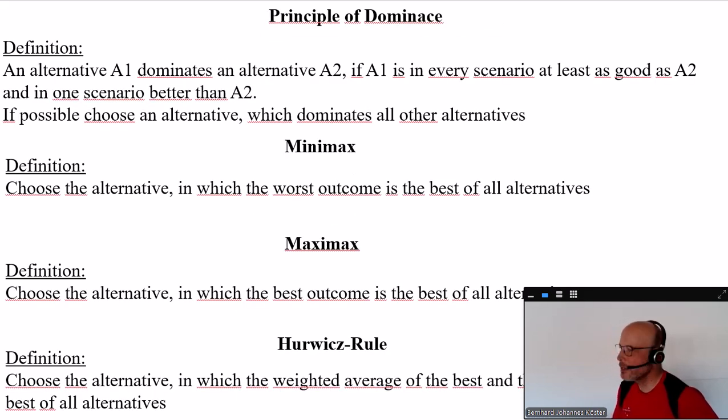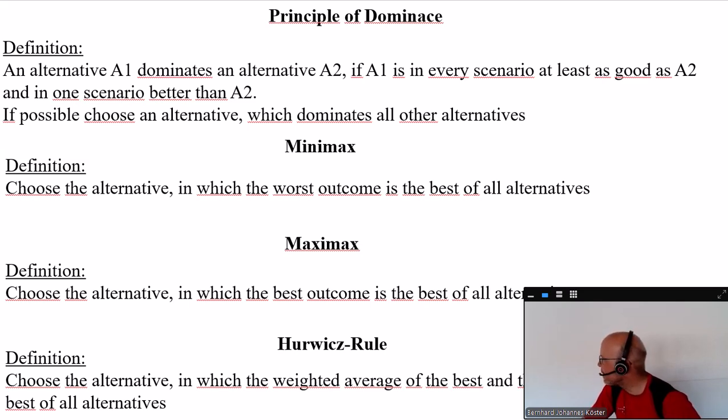So, definition of domination. This I already said. I compare in every scenario, and if in every scenario I have a larger outcome for one alternative compared to the other, then I can kick out this alternative. Minimax is what you have said. I look at the worst values I could get, and from these worst values, I then choose the largest one.